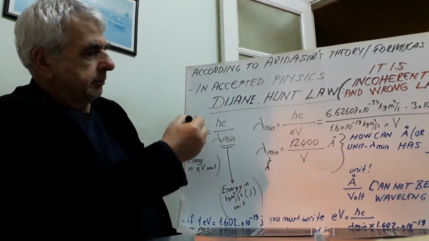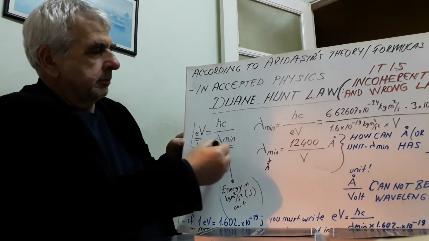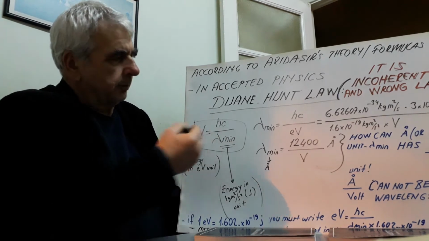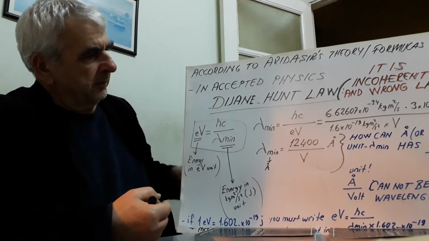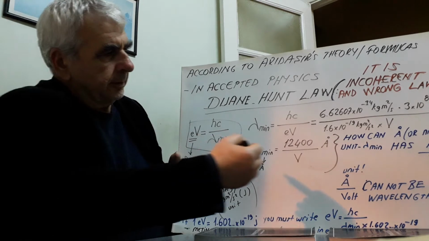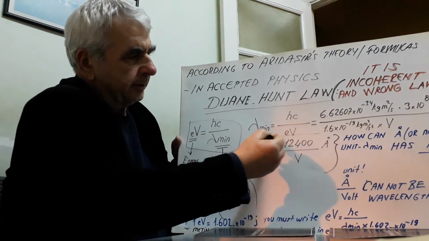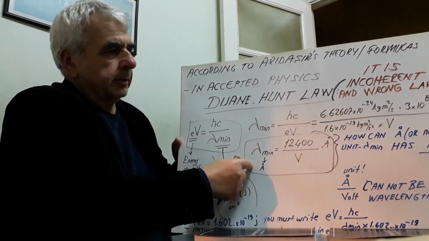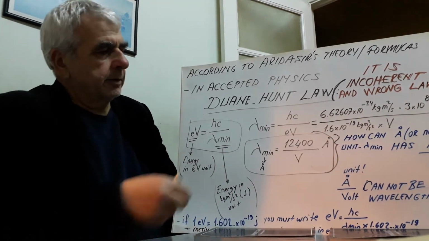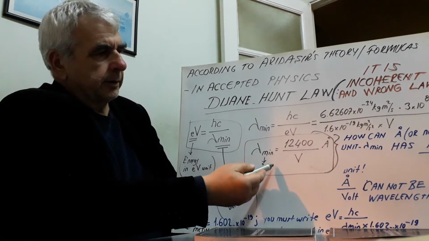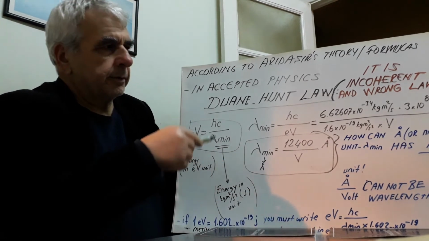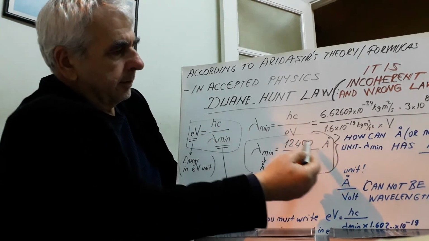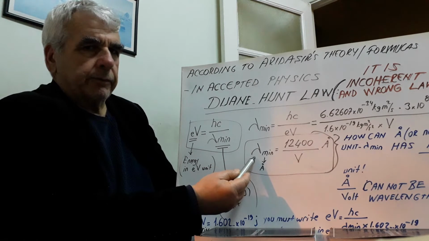This is the Duane-Hunt Law formula, and its final state here. Here is a big contradiction, because lambda is wavelength.